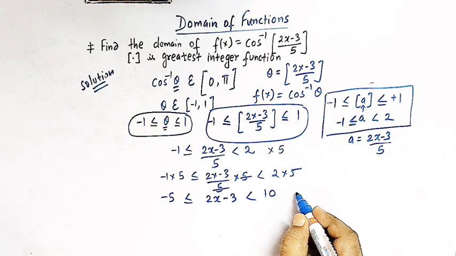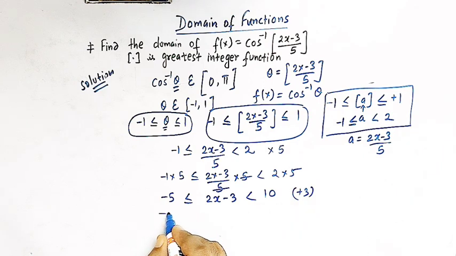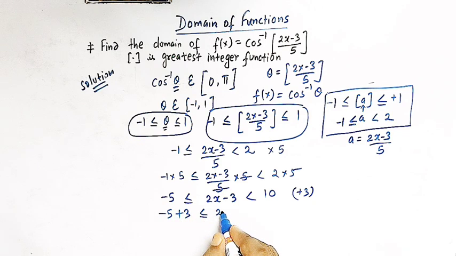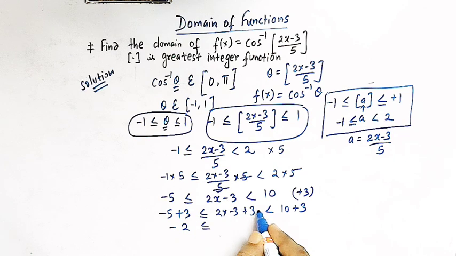Now let us add plus 3 throughout. So we have minus 5 plus 3, and here we have 2x minus 3 plus 3, and here we have 10 plus 3. So minus 5 plus 3 is minus 2, and here this 3 and this 3 get cancelled, and we have here 13, right?